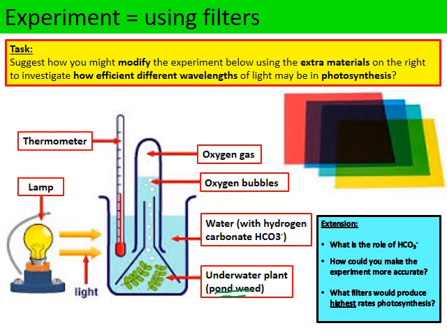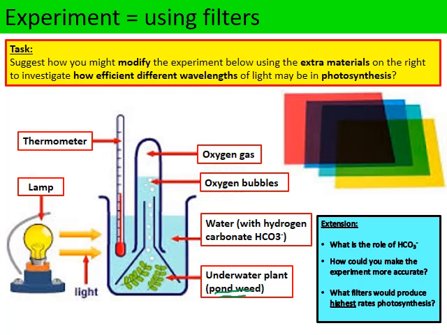So one way would be to take the red filter and wrap that round this apparatus, so when light is shone through the red filter, only the red light can go through the filter and be absorbed by the photosynthetic pigments of the pondweed. Kabomba is another good plant material to use for this experiment.